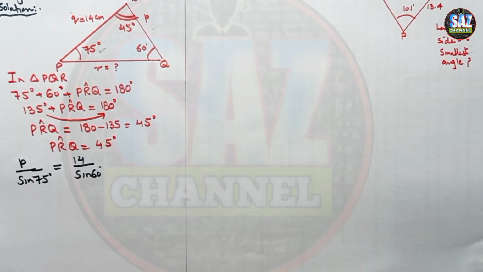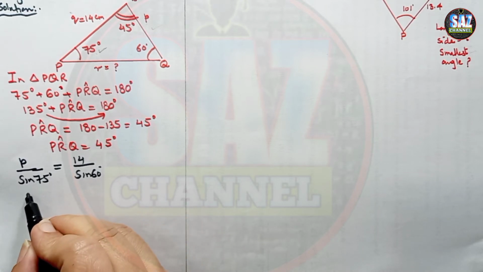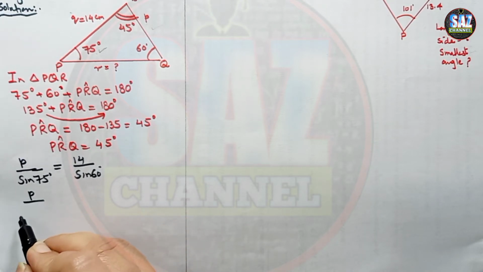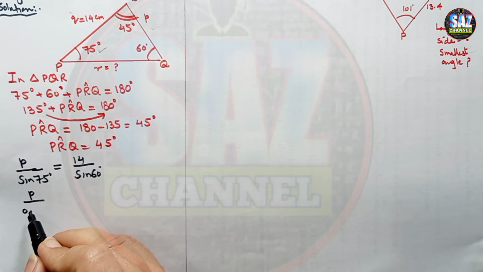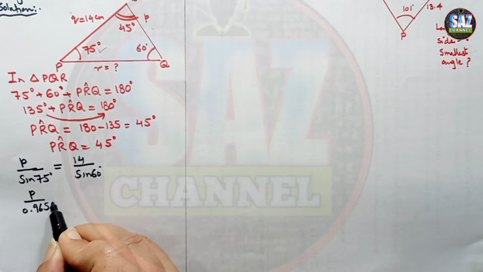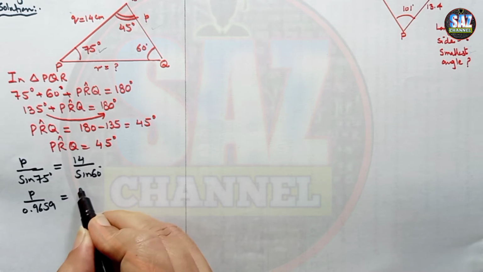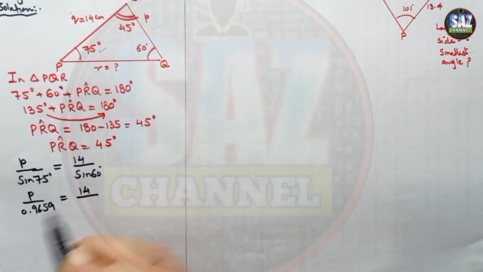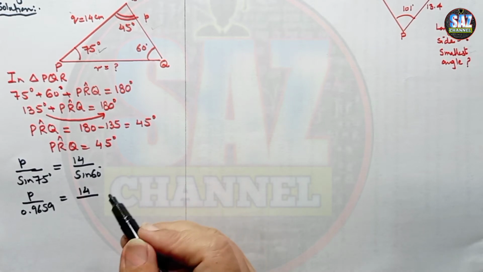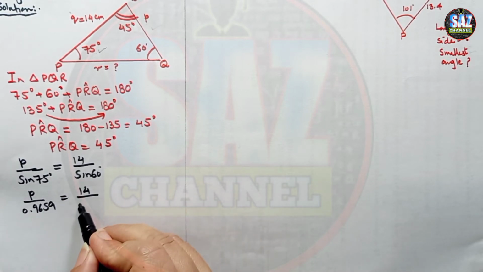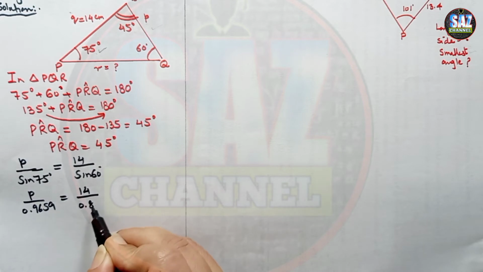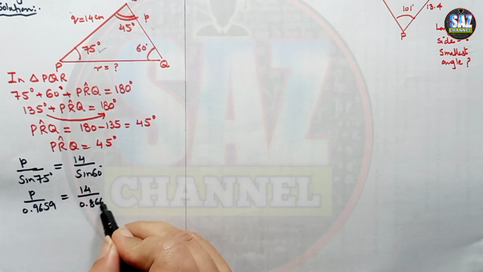Sine 75 will give me p upon 0.9659 equals 14 upon sine 60. Sine 60 will give me 0.8660.